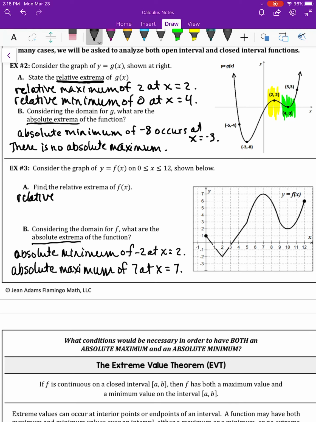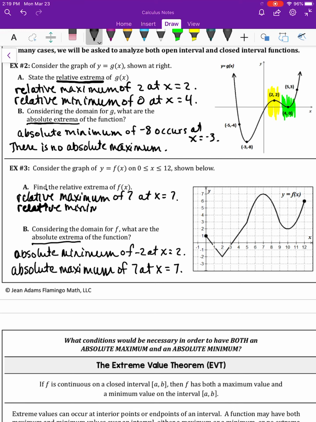So find the relative extrema. Now, if we go to relative, we have a relative maximum, and here's where we're going to say that it's also relative: a relative maximum of 7 at x equals 7.